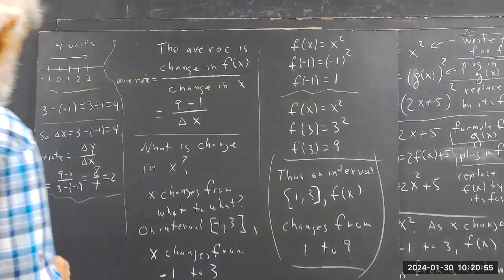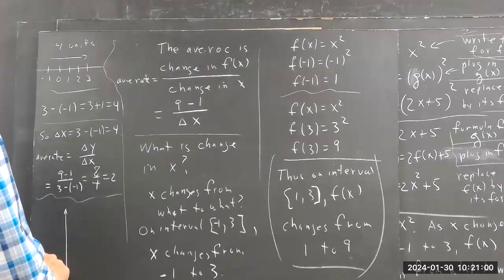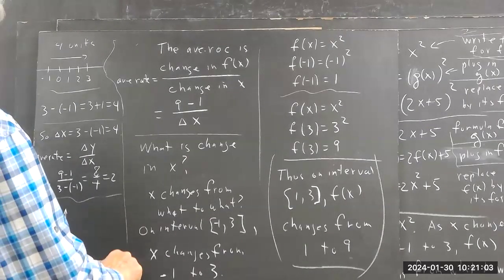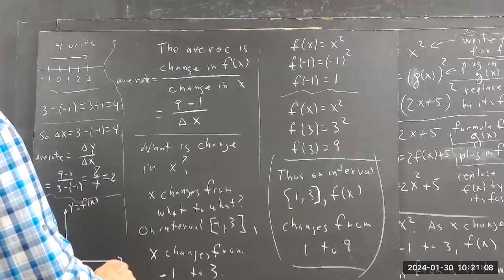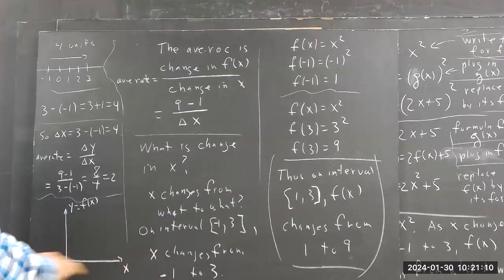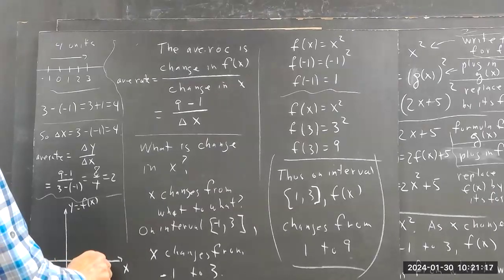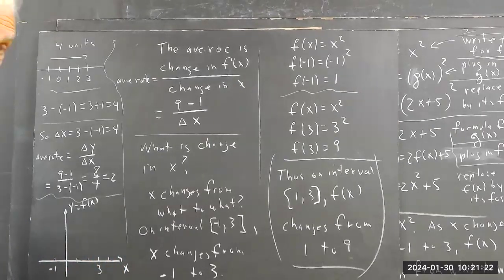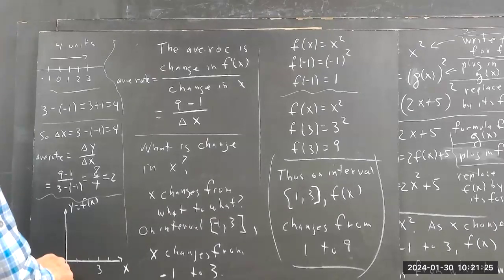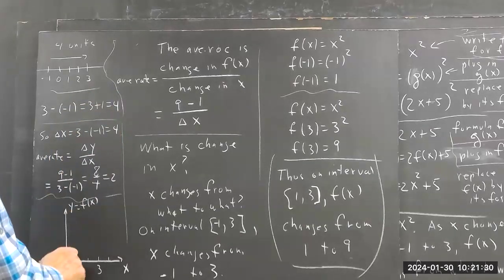Now, that goes on a graph. If y equals f of x, x goes on this axis, then when we have -1 here, and we have 3 here, at -1, the y value is 1.